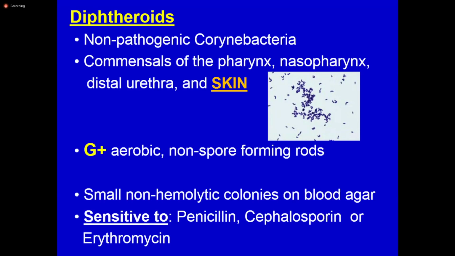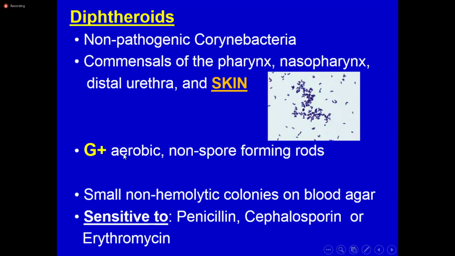There is a category of Corynebacterium called diphtheroids, زي ما تقول كتاب وكتيب. Diphtheroids are non-pathogenic microorganisms, commensals, present in the pharynx, nasopharynx, distal urethra, and on the skin also. That is why we are studying them.